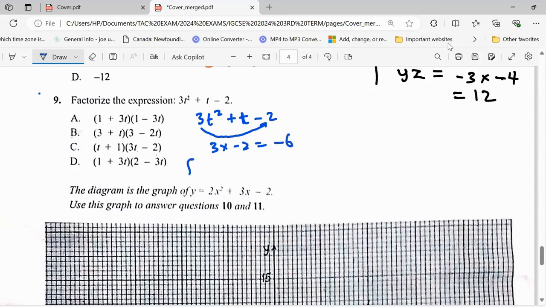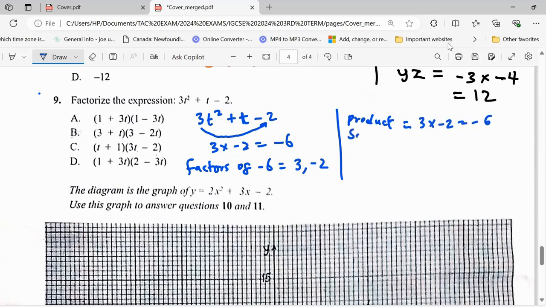If I look at factors of minus 6, I'm looking for the ones whose product will give me minus 6, and whose sum will give me the coefficient of t, which is 1. So the product is 3 times minus 2, that's minus 6.